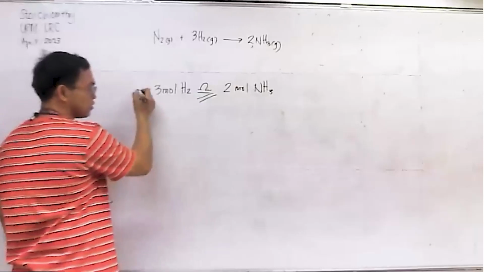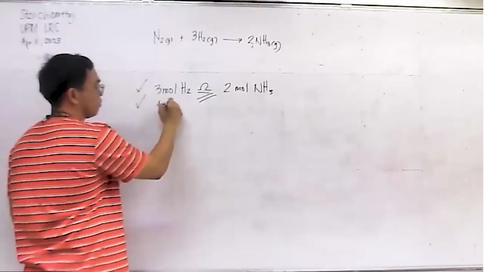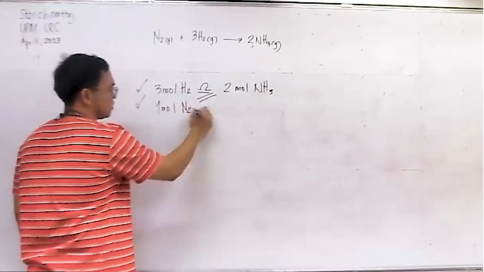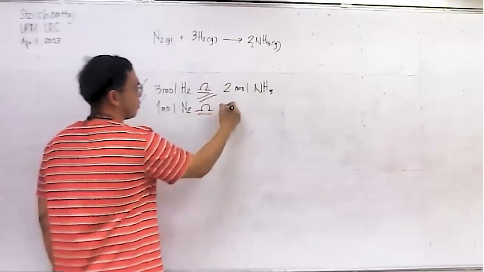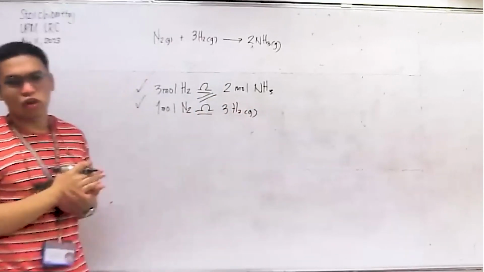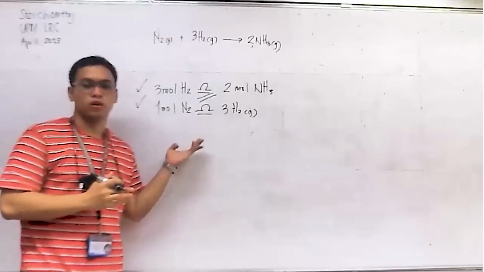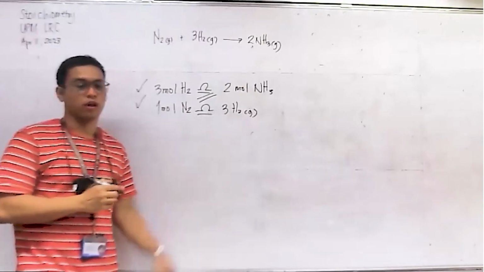For the second question, 1 mole of nitrogen gas is stoichiometrically equivalent to 3 moles of hydrogen gas. This is very important in stoichiometry because these would be our conversion factors in the long run.